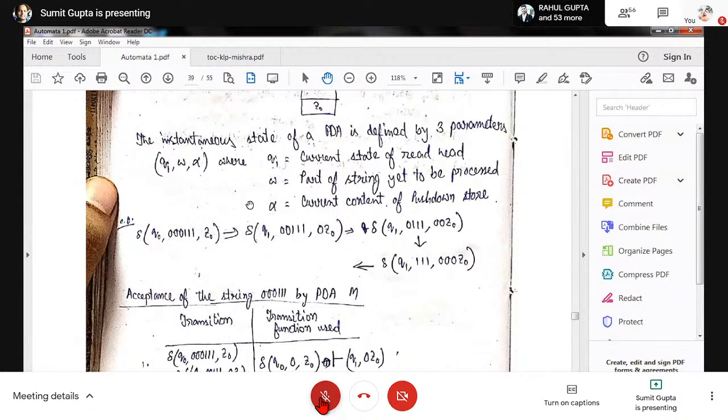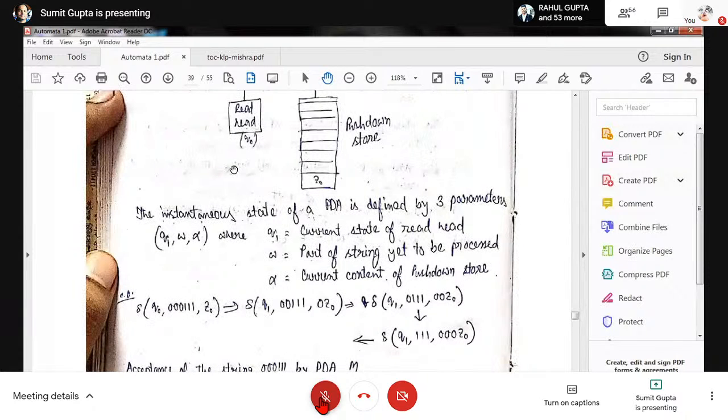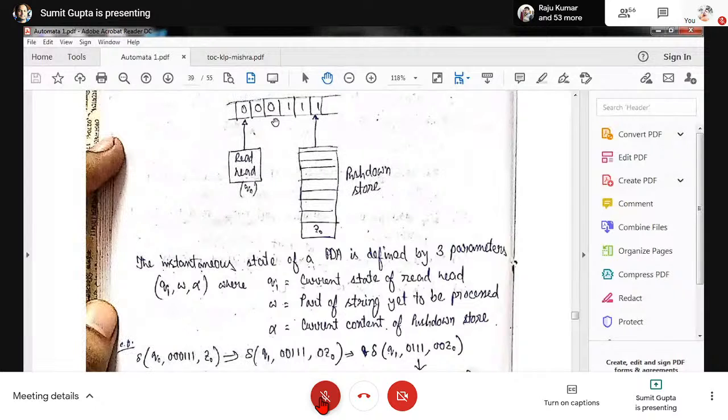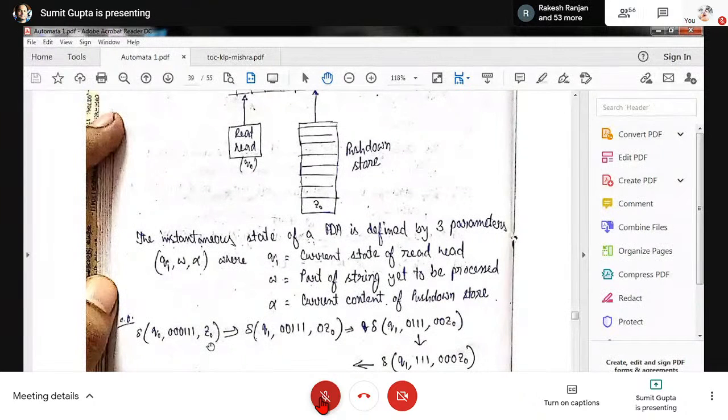Fine. So in the beginning, this will be the configuration: Q0, the read head's initial state, the original string on the input tape 0, 0, 0, 1, 1, 1, and Z0, the initial pushdown store symbol or stack symbol.